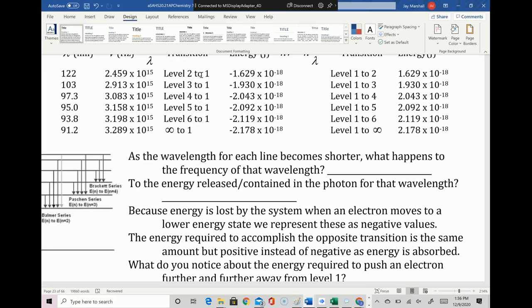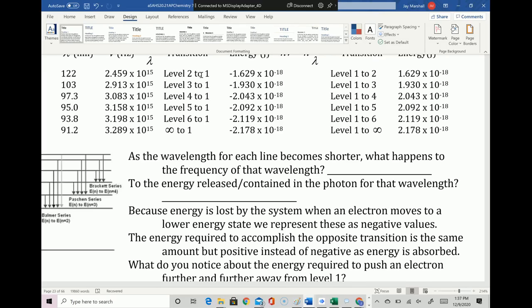And if I go from 3 to 1, I'm going to have a greater energy release, right? If I go from level 3 to level 1, that's going to be more energy, so I'm going to have a greater frequency and a lower wavelength. If I go from level 6 to level 1, I'm going to have a yet lower wavelength and a higher frequency.